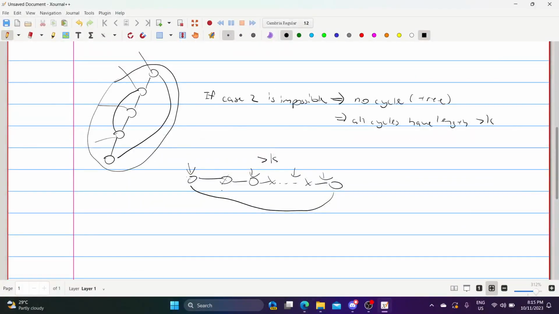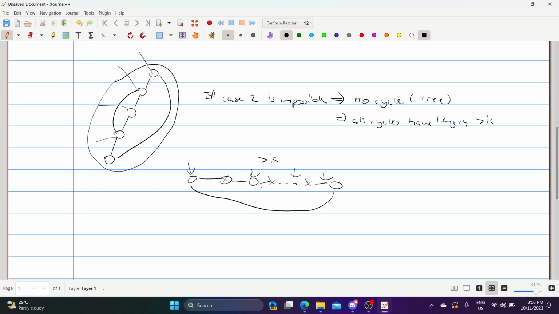Because we already said previously that there won't be an edge that goes in between the vertices in the cycle, if we alternate, we take one, don't take one, we won't ever take adjacent elements, so it will form an independent set.